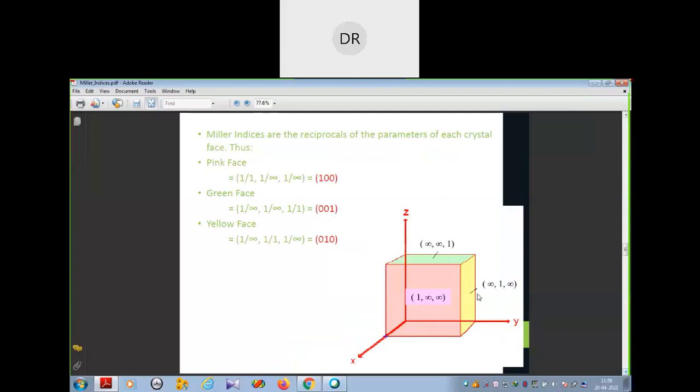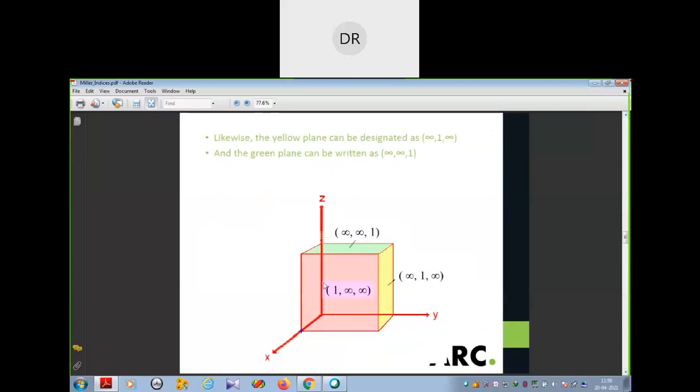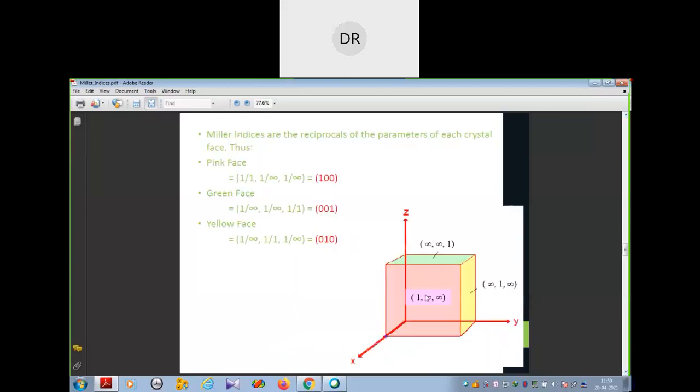Now how can we find the Miller indices? Remember, Miller indices are the reciprocals of the parameters of each crystal plane. For the pink plane, 1 by 1, 1 by infinity, 1 by infinity, which gives 1 0 0.